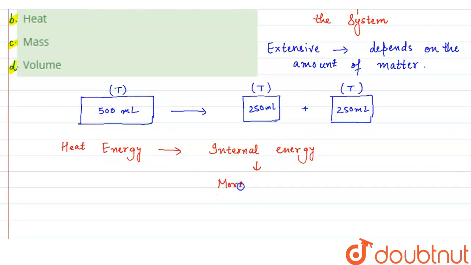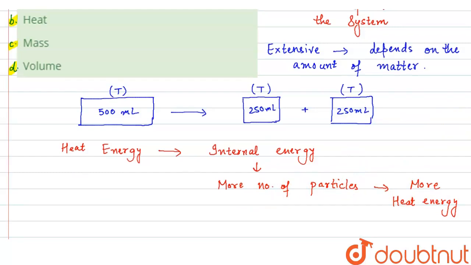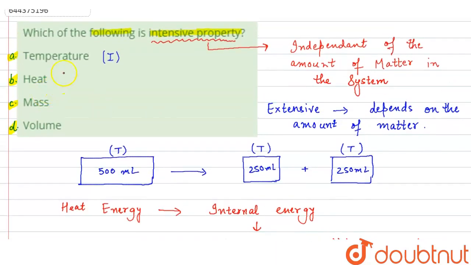So more number of particles means more heat energy, right? So heat energy depends on the number of particles, so it depends on the amount of matter present in the system. So heat is an extensive property.